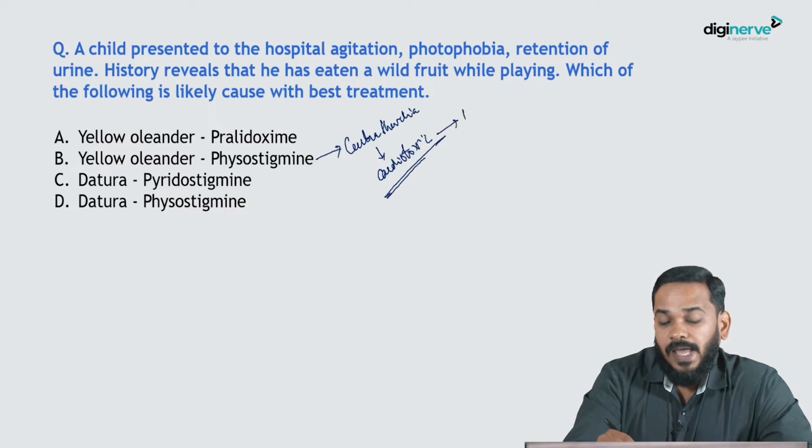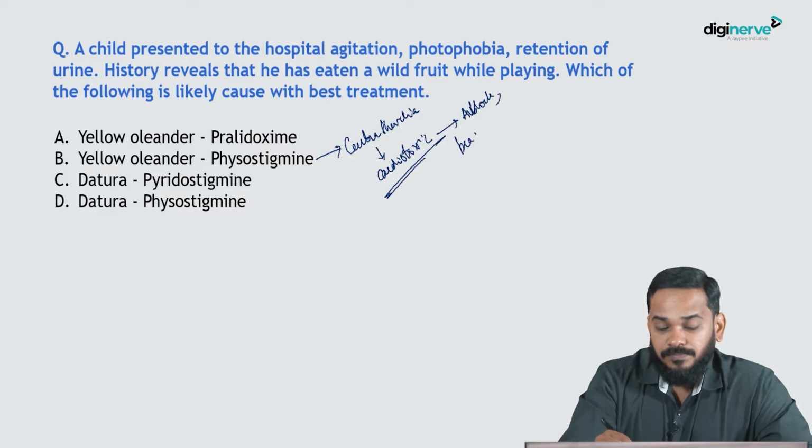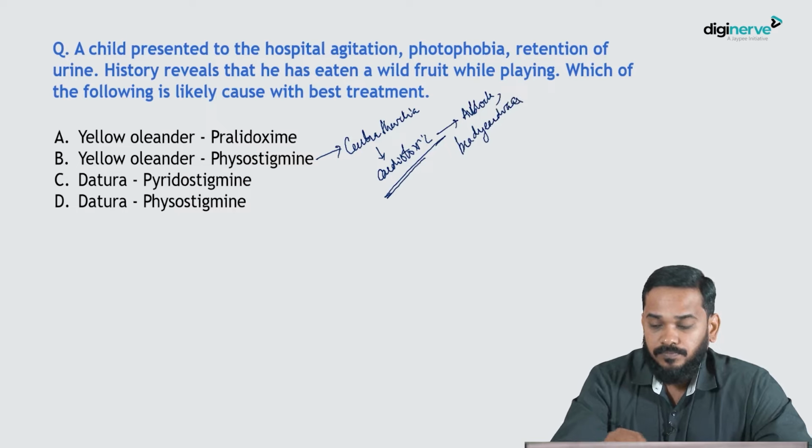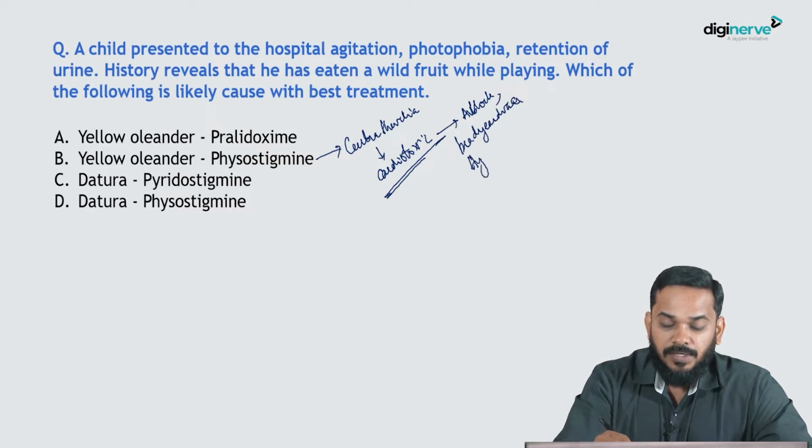This will result in AV block, bradycardia, hypotension, convulsions, and hyperkalemia.